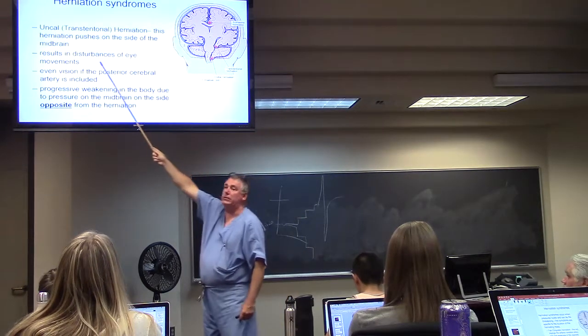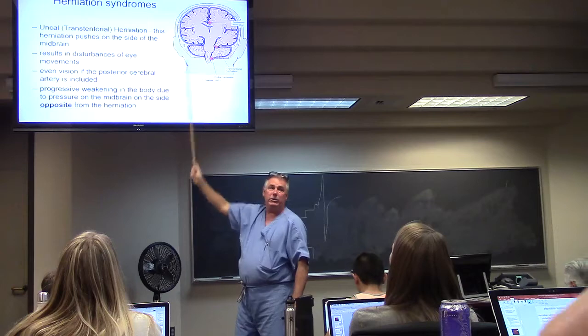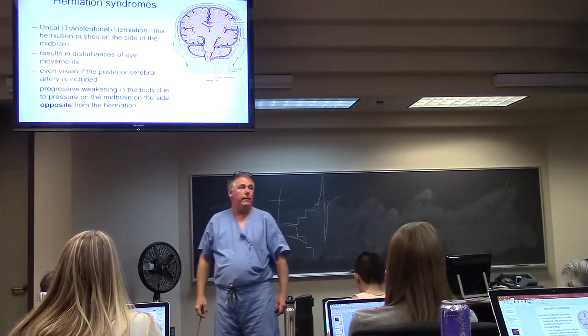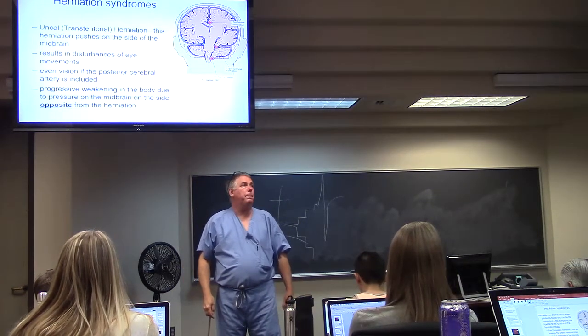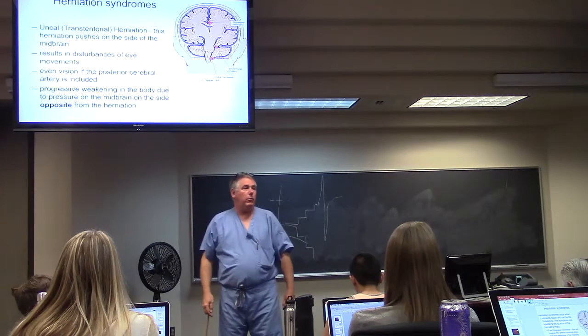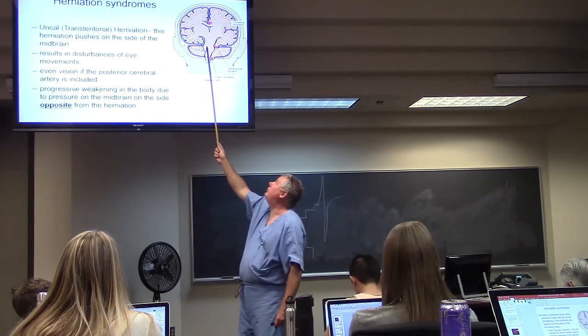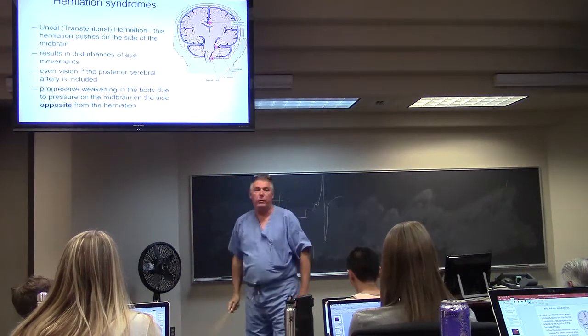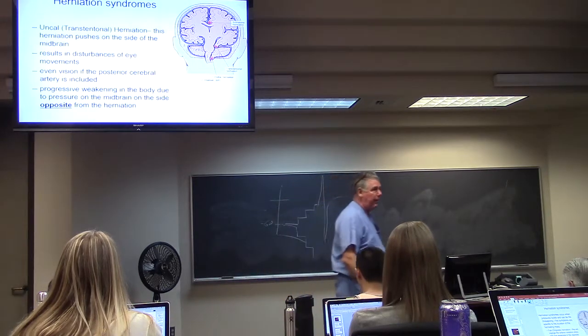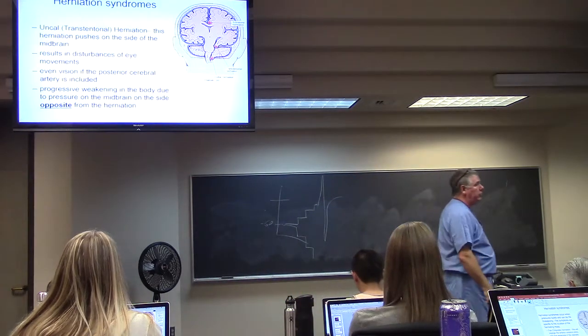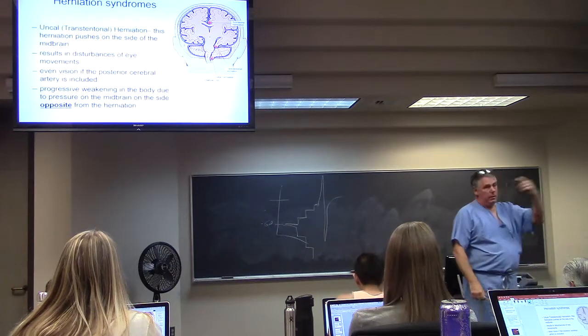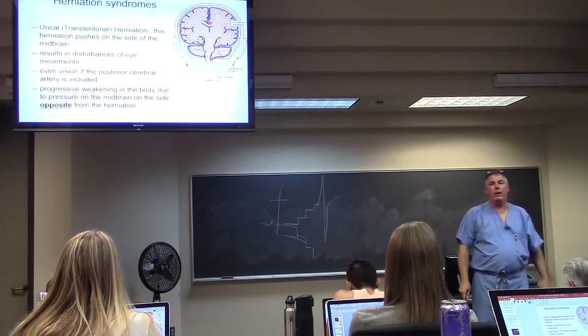When it says it has disturbances in eye movements, it's 3 and 4 that you're messing with. Okay, 3 and 4. The vision also can be messed up because of the posterior cerebral arteries that you know go to the occipital lobe from anatomy, and the occipital lobe is responsible for vision. We can have visual effects from uncal herniations as well.